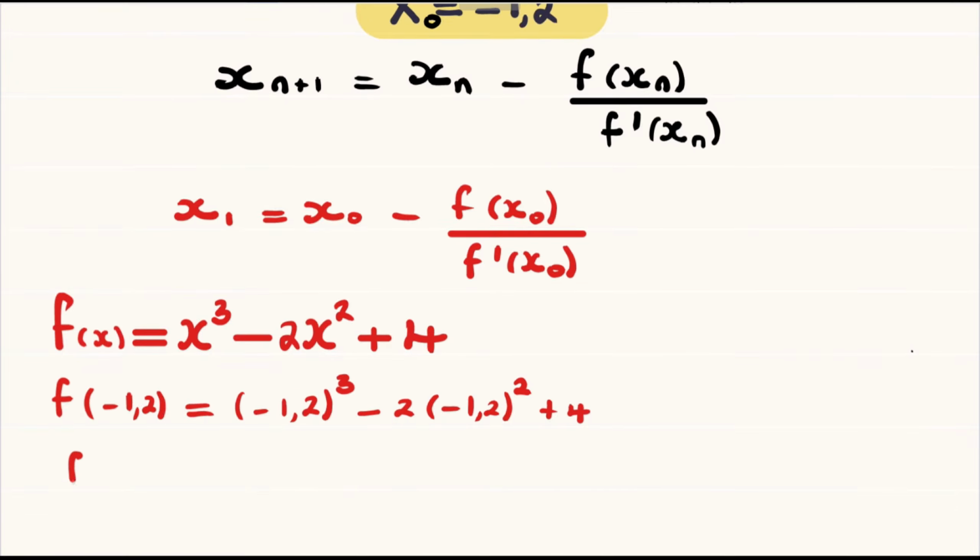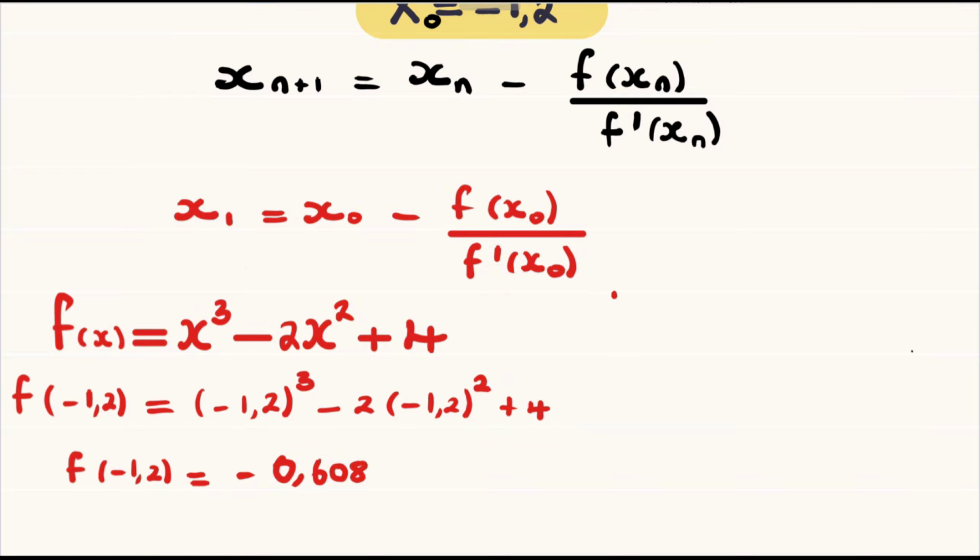And f of negative 1.2 will be equal to negative 0.608.